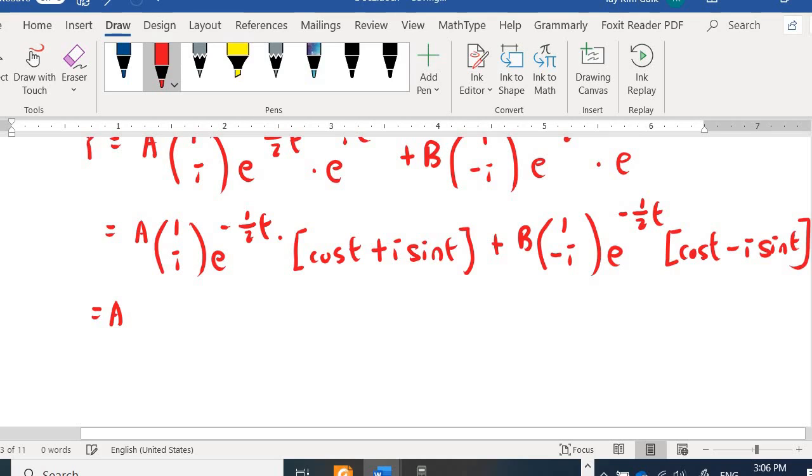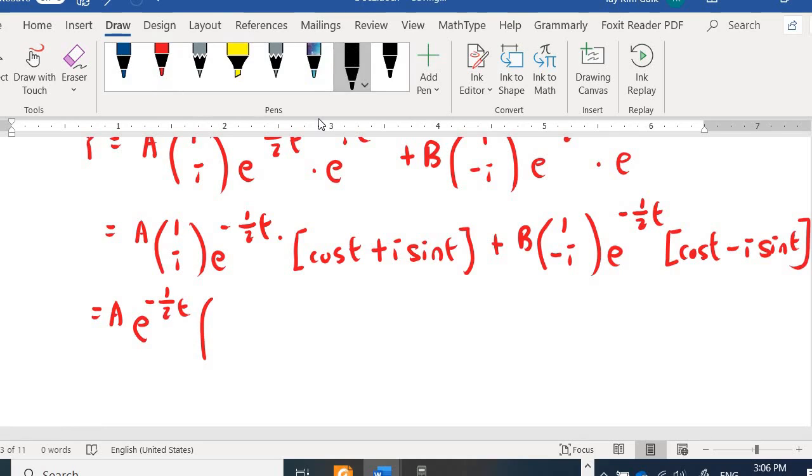Then you can put a exponent negative half t, and take this vector and multiply with this row. First row is 1 times cos t plus i sin t, so you have cos t plus i sin t.